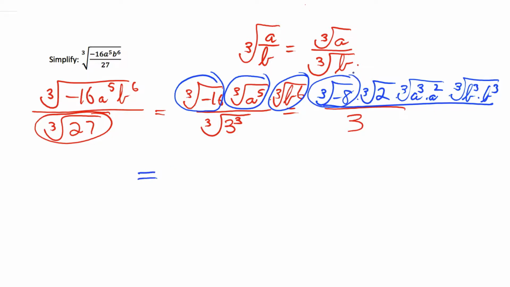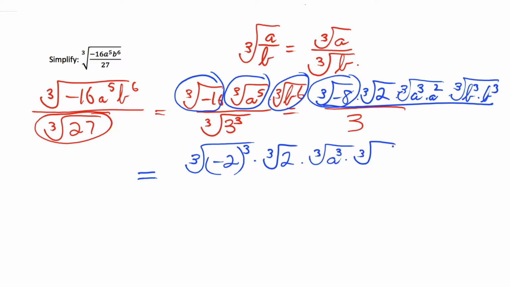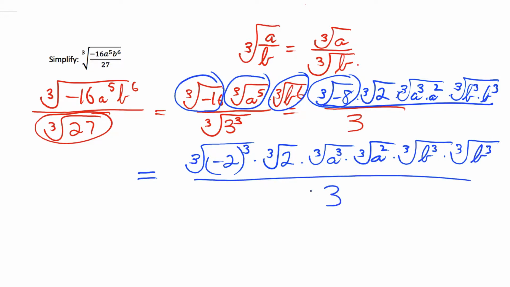So we then have the cube root of negative 8, that would be the cube root of negative 2 cubed, times the cube root of 2. And then we have the cube root of a cubed times the cube root of a squared times the cube root of b cubed times the cube root of b cubed, all divided by 3.